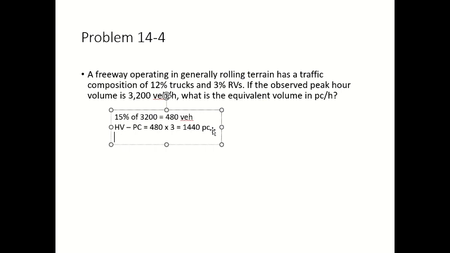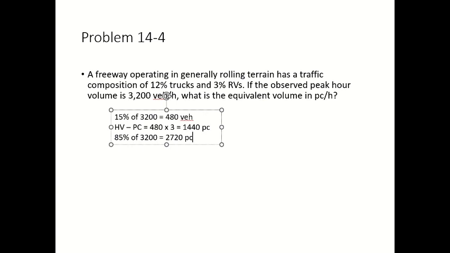How many are passenger cars already? What is the number of passenger cars already? Which is 85% of 3,200, right? So what is this? 2720. See, these are already passenger cars. So 2720 were already passenger cars. 480 were heavy vehicles. I converted them to passenger cars.